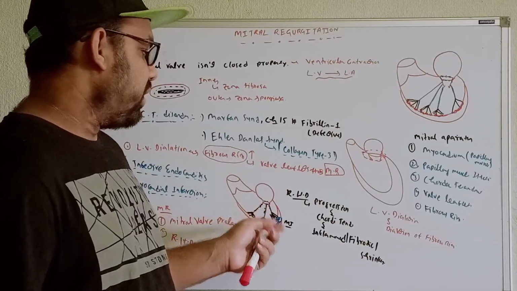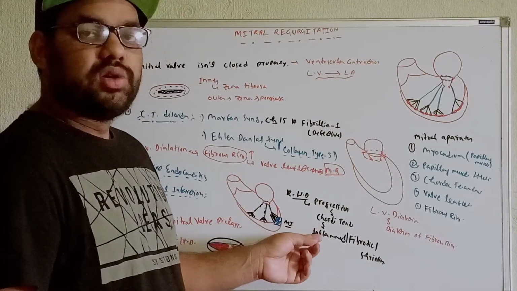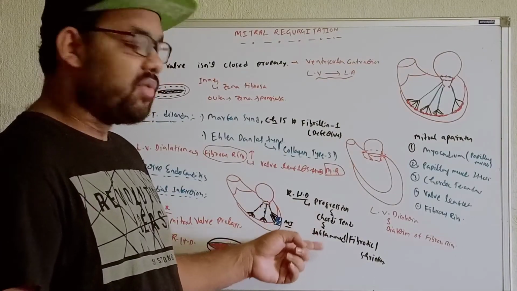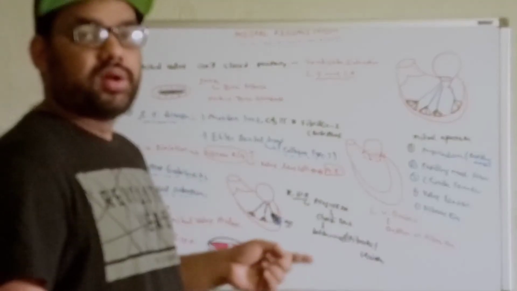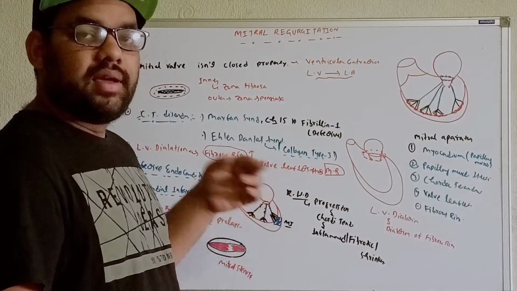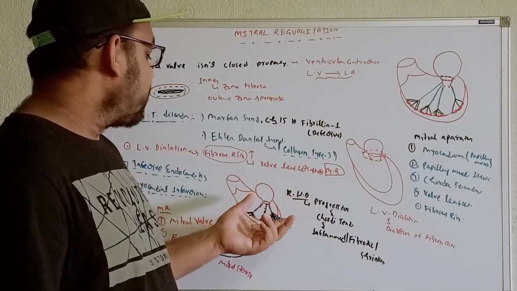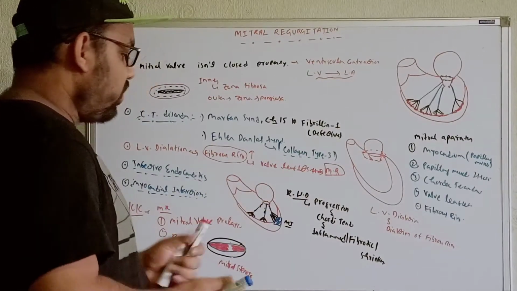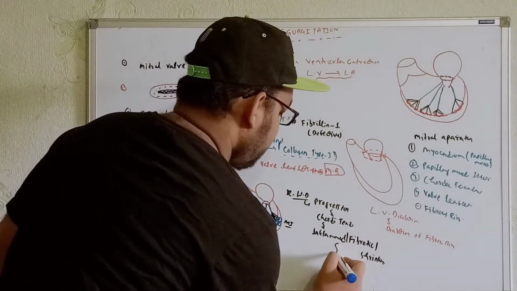As a result, the cardiac tendon will be functionless, and ultimately it will not be able to inhibit mitral regurgitation. So for that reason there will also be the development of mitral regurgitation.